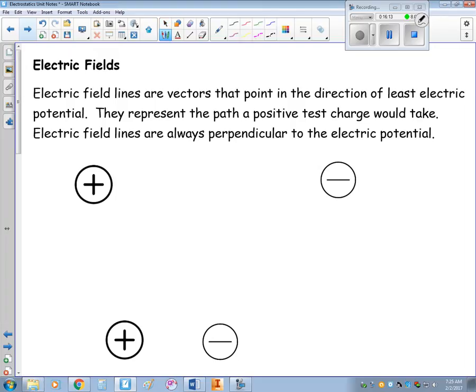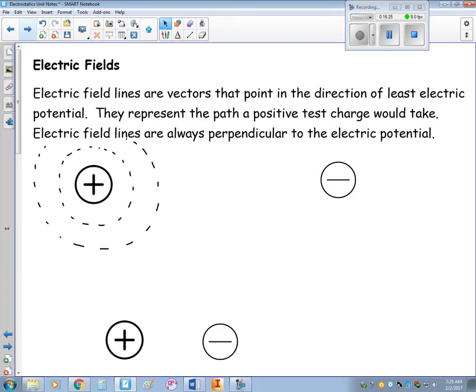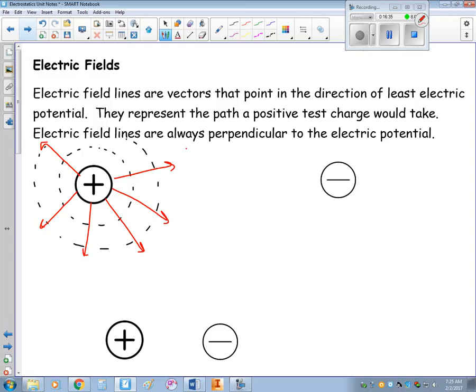So if I have a positive charge, I can start drawing the equal potential lines around it, and the electric potential will get weaker as I get farther away. So then the electric field lines would have to be perpendicular at all points. So these would represent the electric field lines.